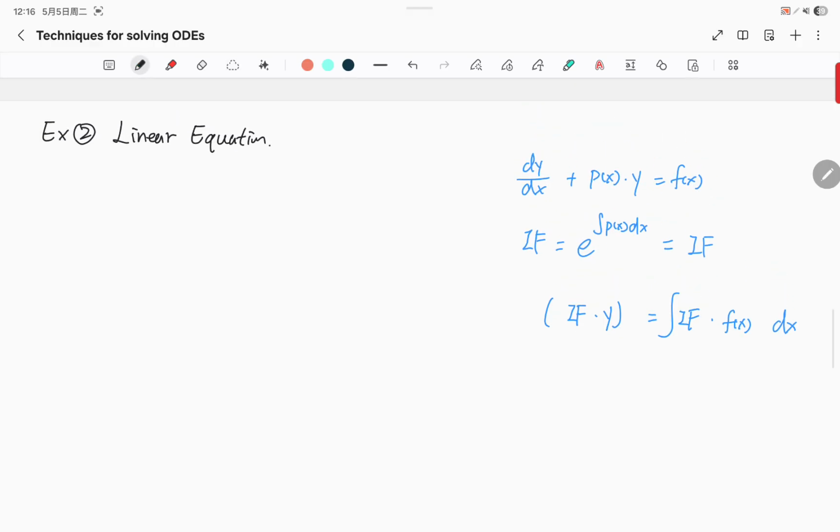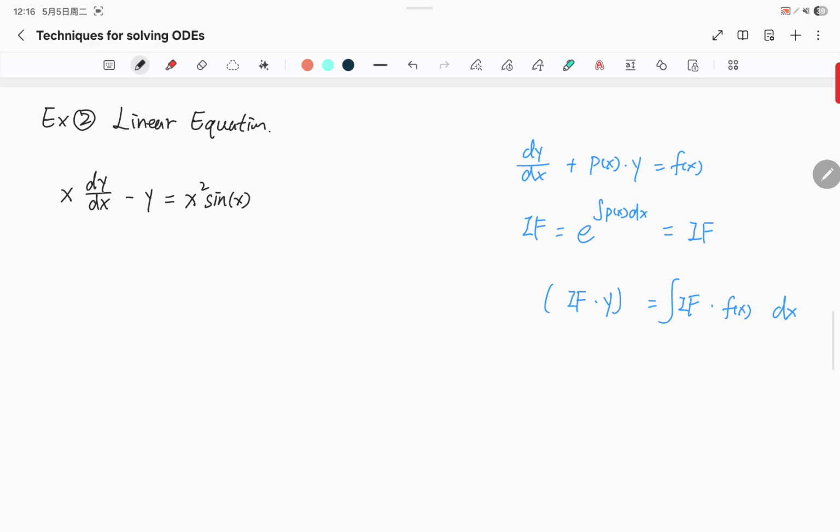The example we're going to have is this. Before you apply the method, let's have a quick look at what we have here.